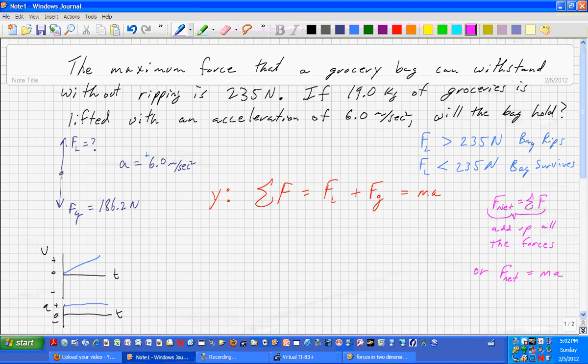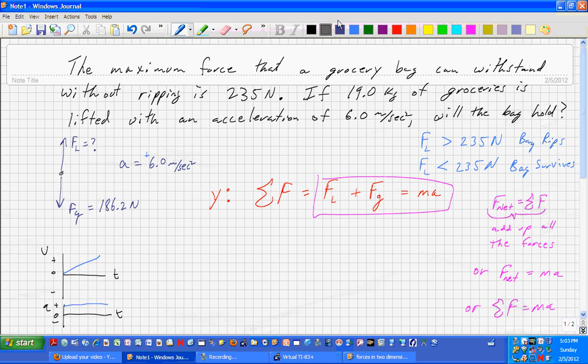It really depends on what kind of information I have. And since they're equal, I can write that sum of the forces is equal to mass times acceleration. It's a little substitution to get that going. So in this case, I've got some force data and I've got some acceleration data, so I'm just going to use this whole thing. All right.